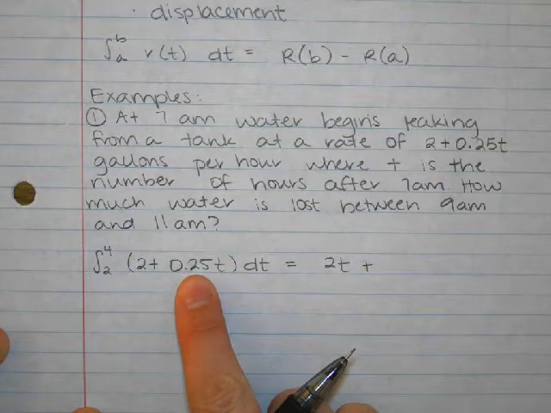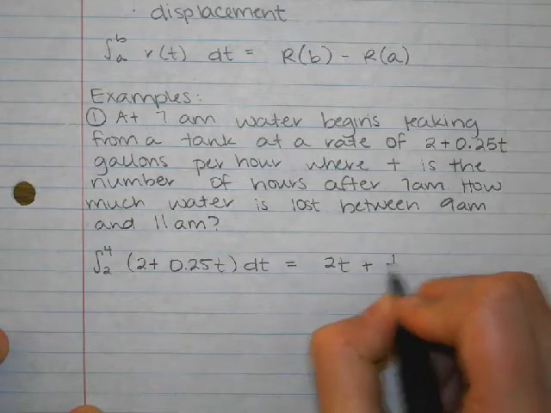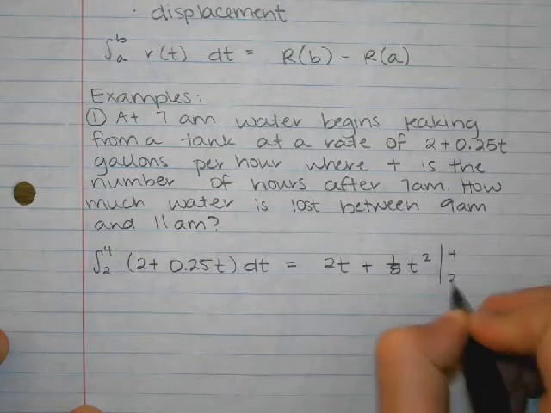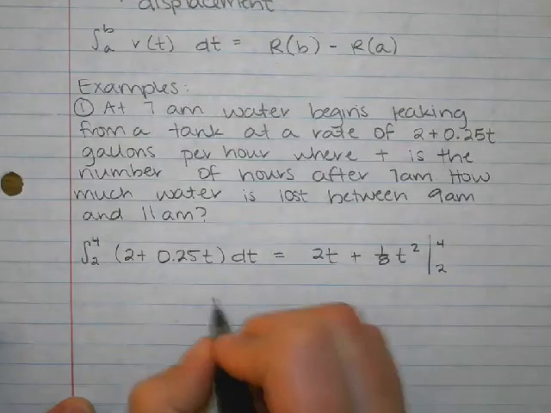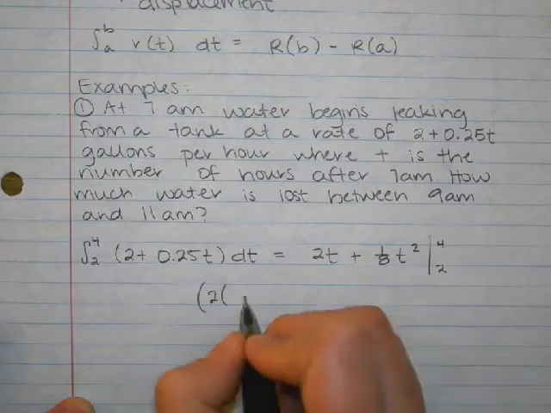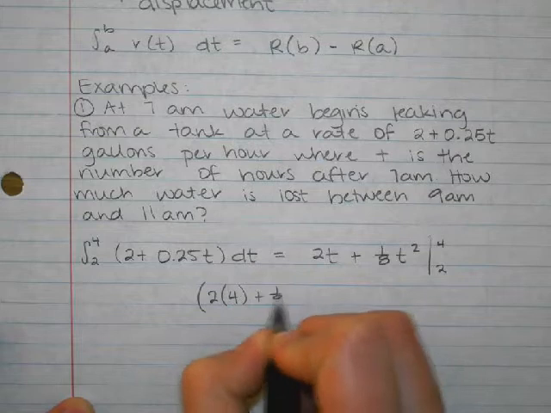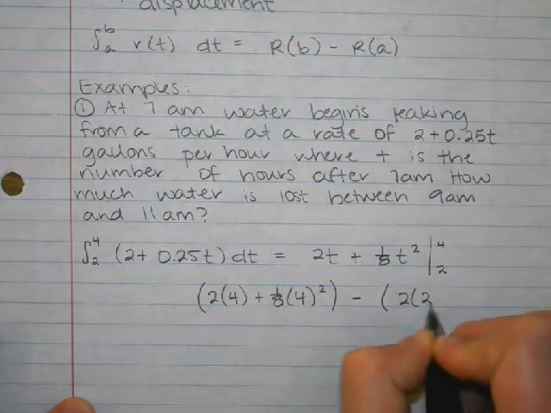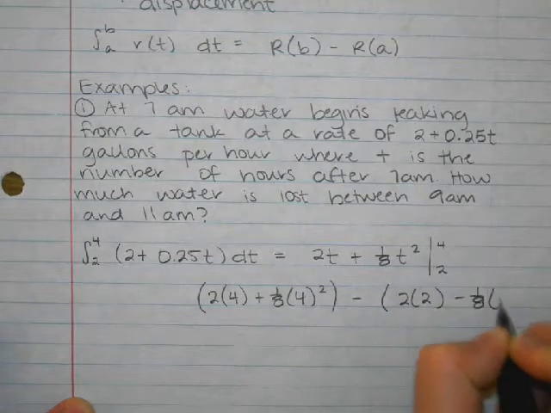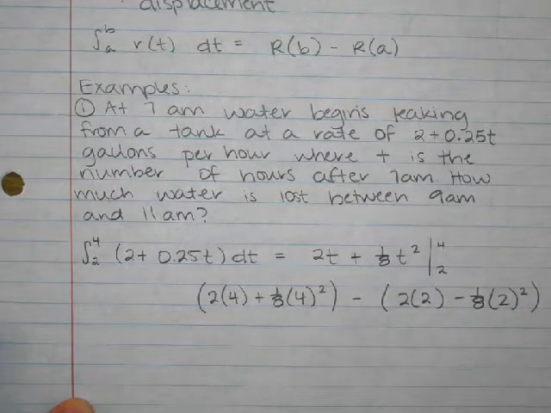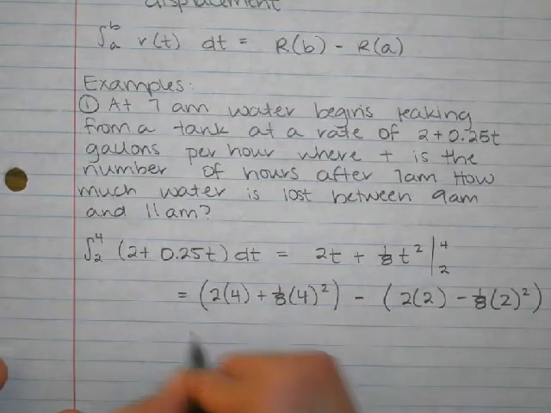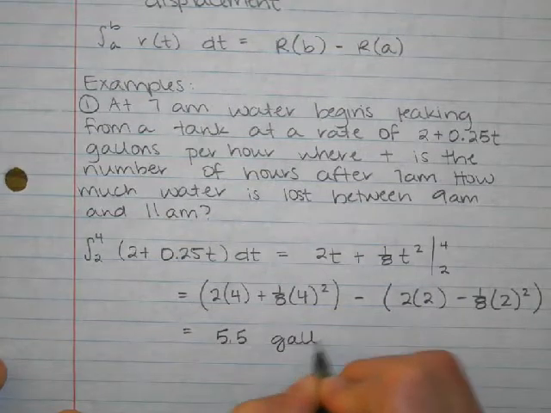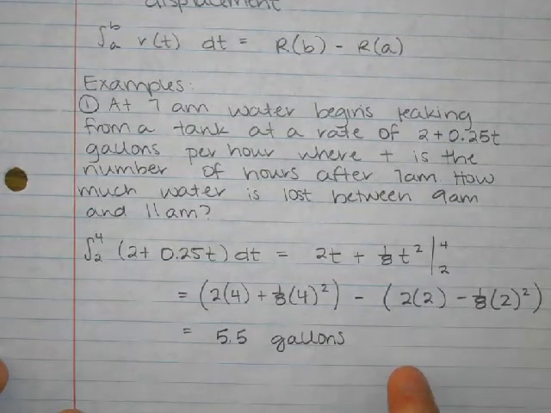So 1/4 divided by 2 would be 1/8 T squared. So first I'm going to plug the 4 in, minus what I get when I plug the 2 in. And that gives me 5.5 gallons if you plug it in.